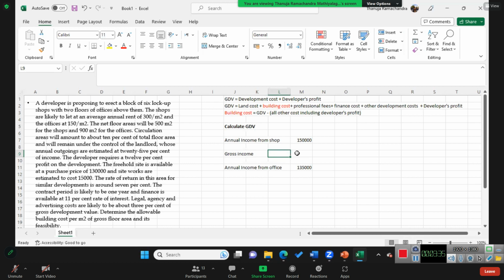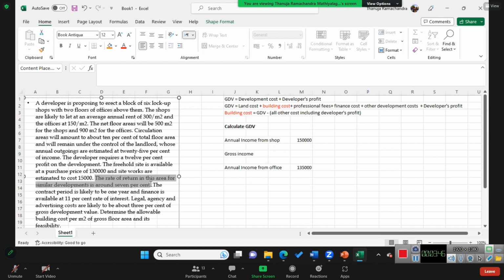And so then a developer requires, sorry, the rate of return. So here the rate of return in this area for similar development is around 7%, right?